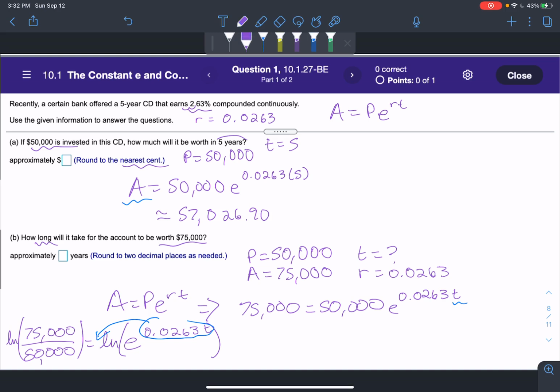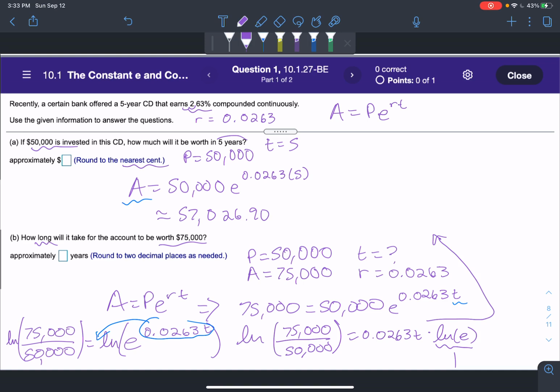So I still have the natural log of 75,000 over 50,000. And so if I pull that power down on the right-hand side, I get 0.0263 T times natural log of E. Remember, natural log of E is just 1. Okay, so I'm going to continue this up here. So I want to further isolate this T, should be our last step.